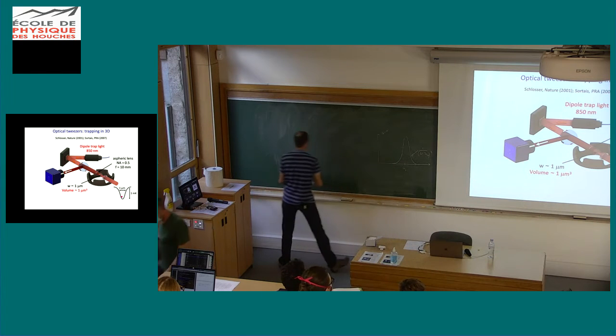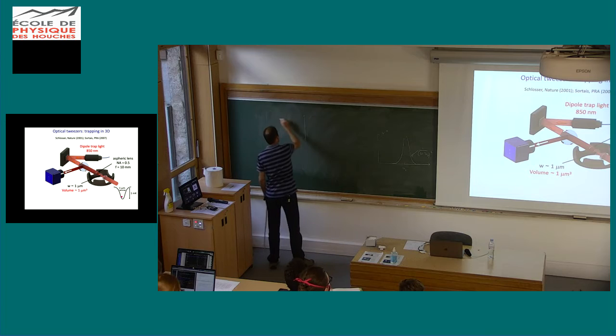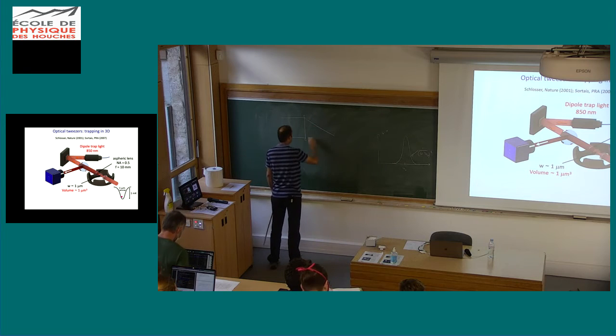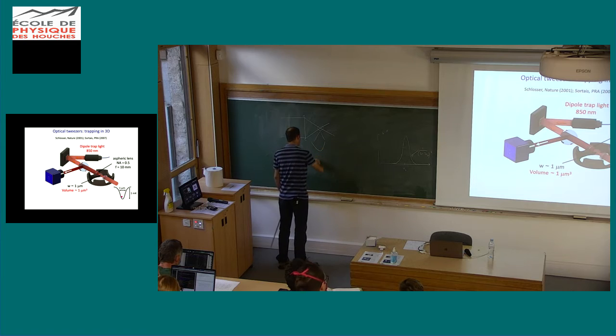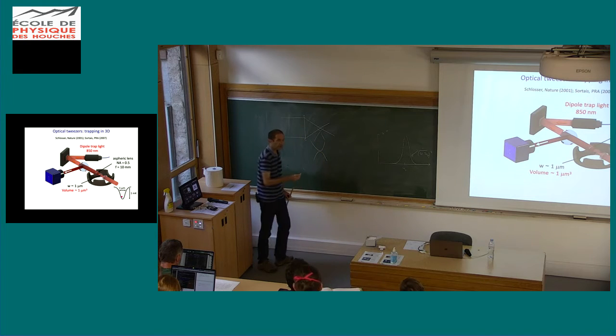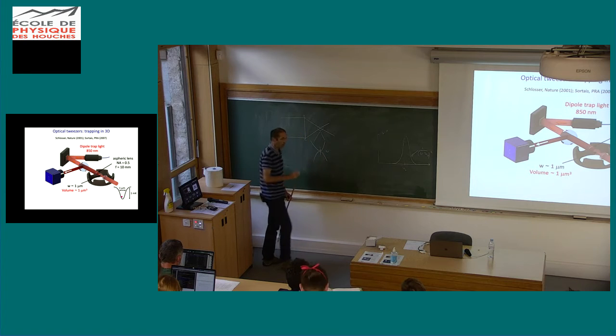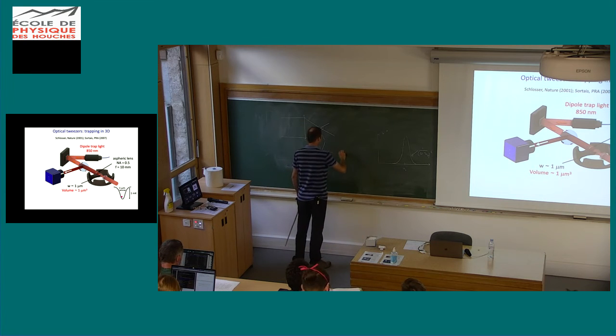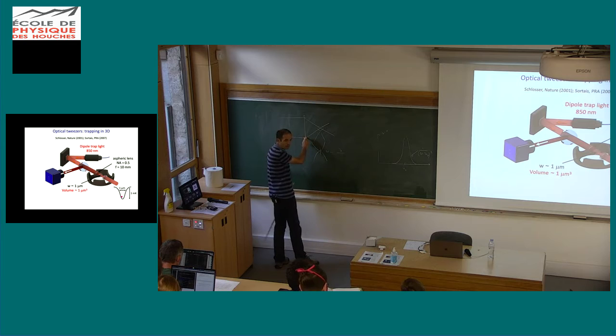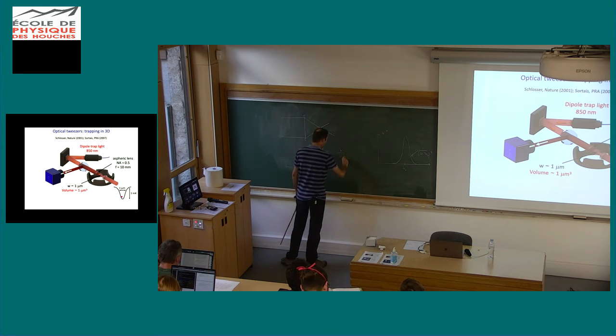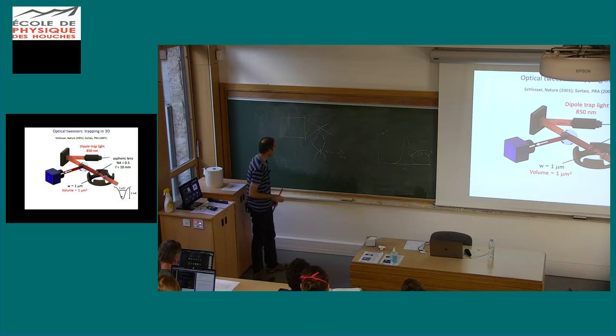If you think of a laser which is focused by a lens, at the focal point, if I zoom, I actually have a Gaussian beam. A Gaussian beam is focused to a size which is typically called the waist. This waist is set by the numerical aperture of the lens, lambda over NA, with some numerical factor, but it's not too important here.